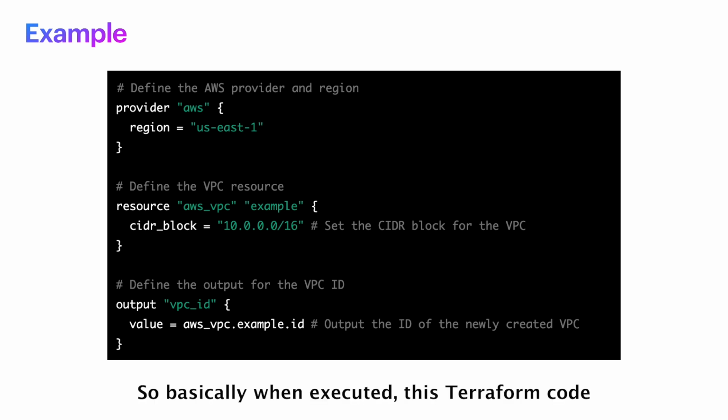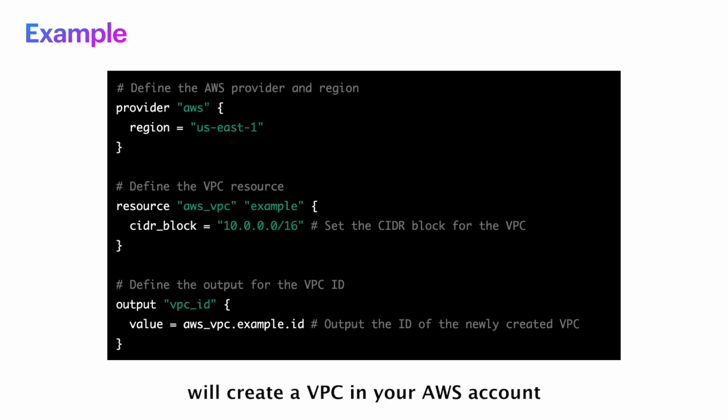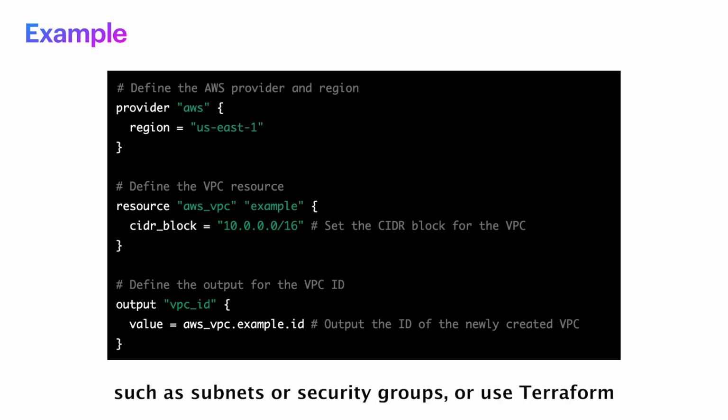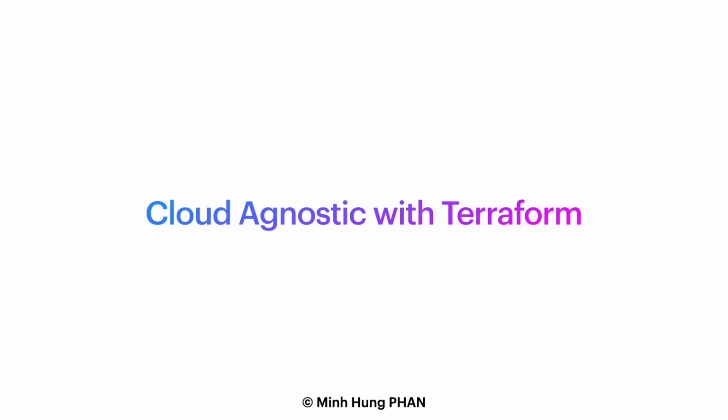So basically, when executed, this Terraform code will create a VPC in your AWS account with the specified CIDR block. You can modify this code to create additional resources such as subnets or security groups, or use Terraform modules to create more complex infrastructure setups.